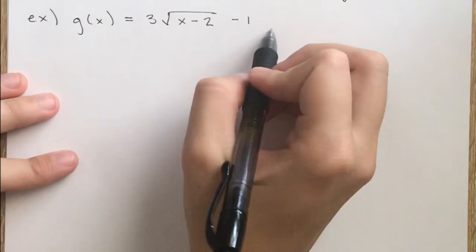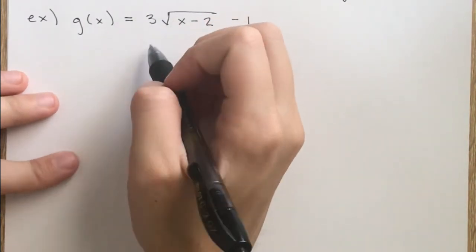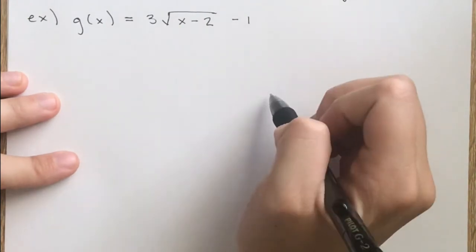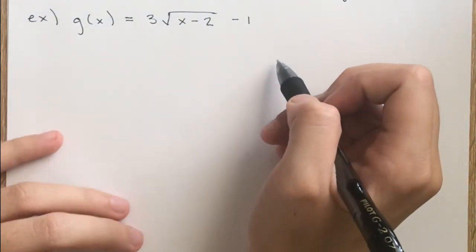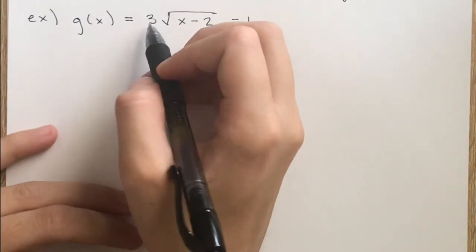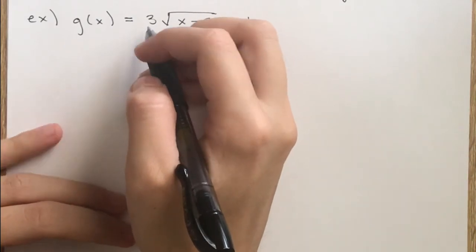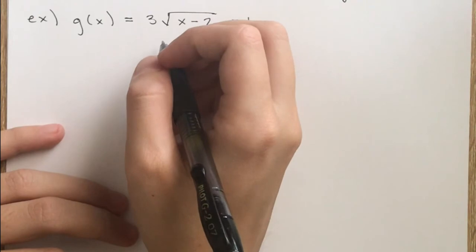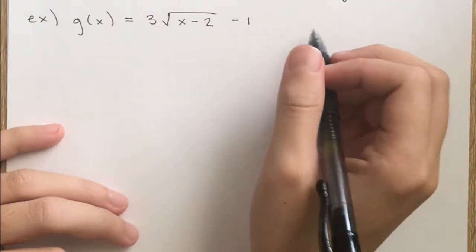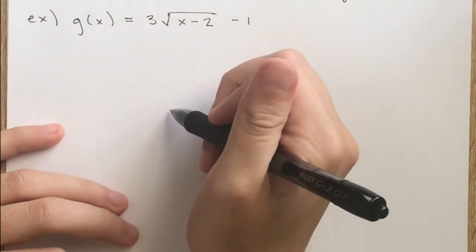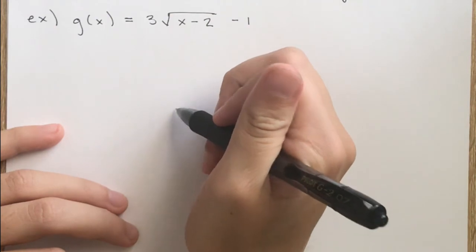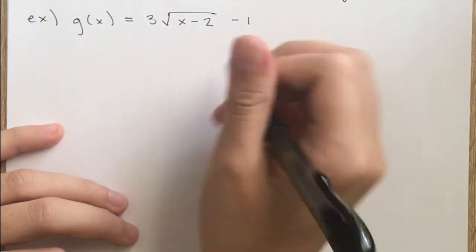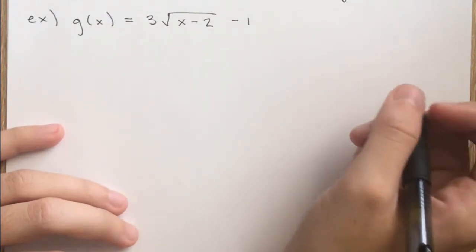We always want to follow PEMDAS. We're multiplying by 3, so we are stretching the y values by 3 and shifting them down by 1. Stretching them by 3, is that going to change our range? If I stretch that graph, that swimmer's arm, by 3, what's going to happen? Well, 0 times 3 is still 0, so the point 0 is not going to change.